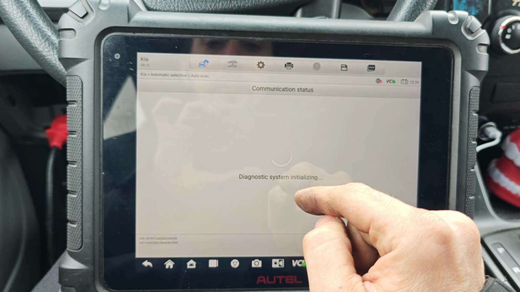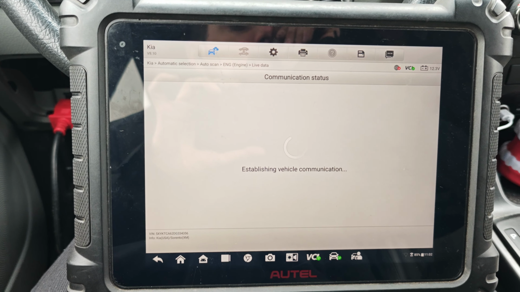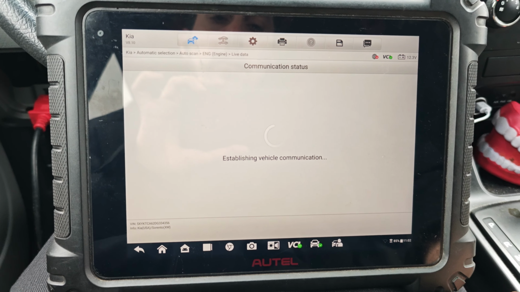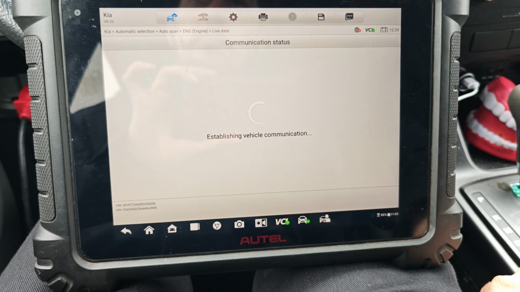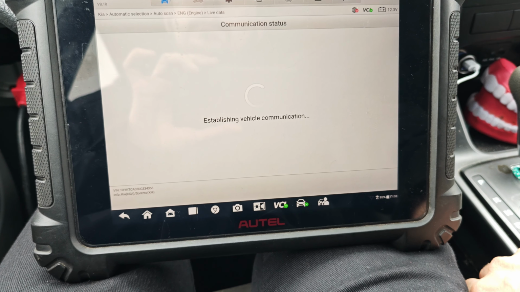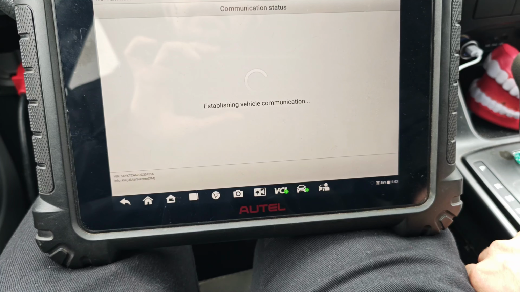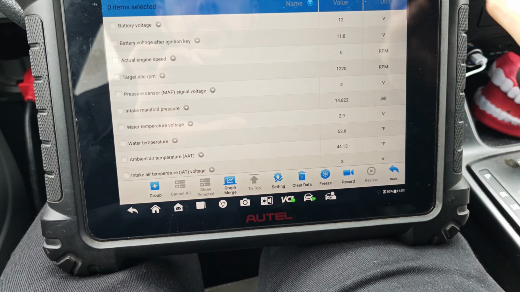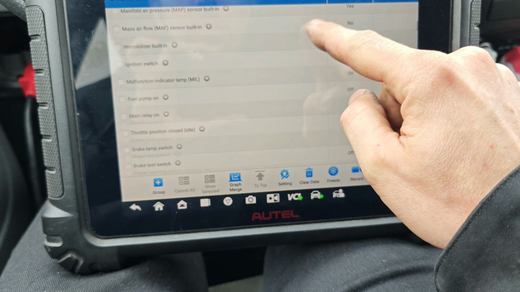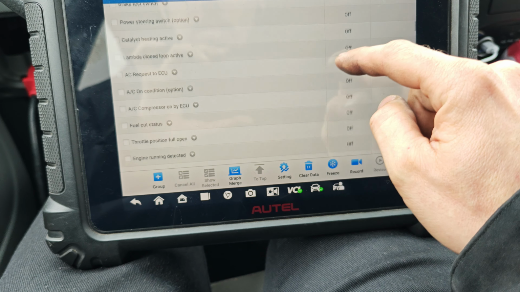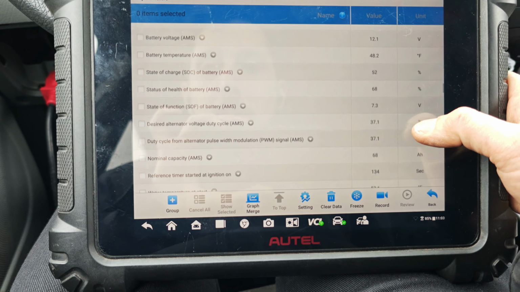Let's go look at our live data and see what we can see in here.